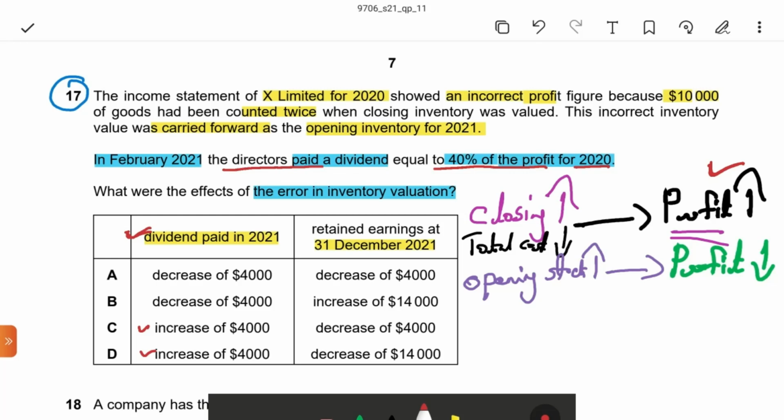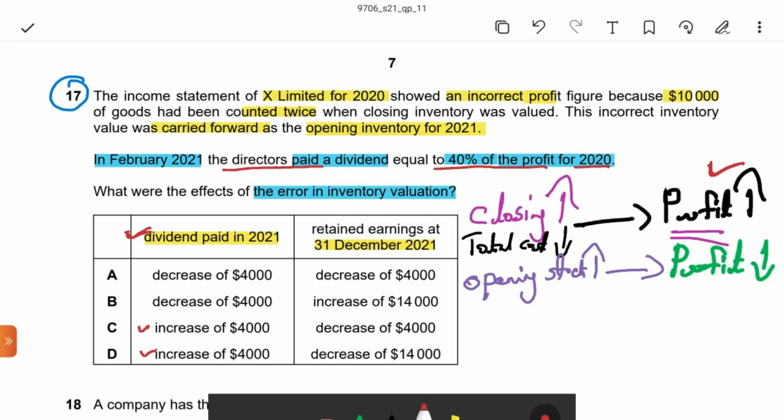Next, retained earnings at 31st December 2021, the next year. Here the dividend we paid was based on last year's profit, so it was overstated. Now, in 2021, what is the effect on retained earnings? Retained earnings is the undistributed profit. We paid more dividend than the actual dividend.